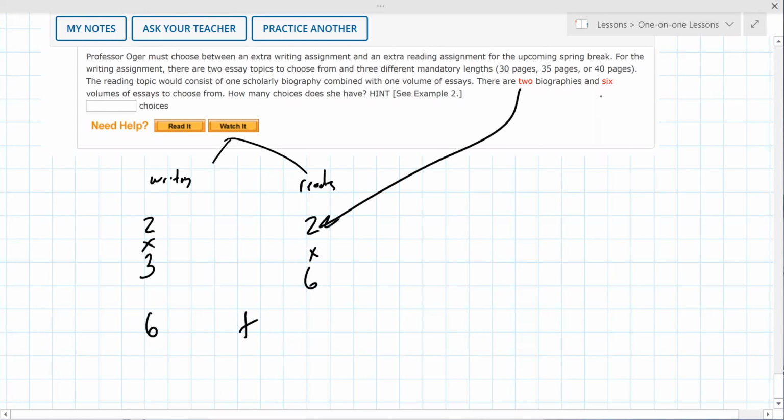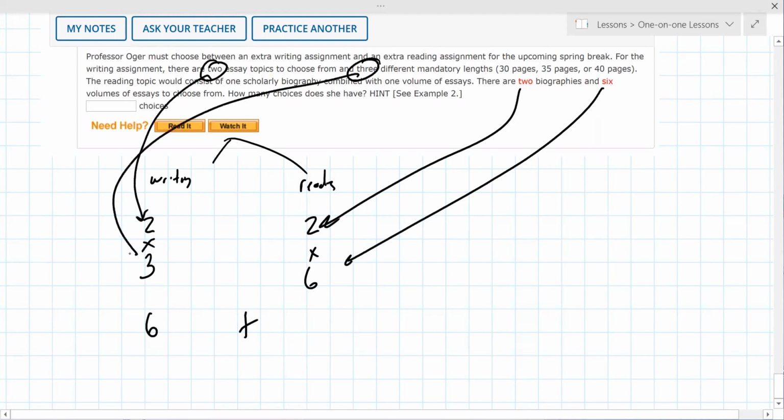So to me, that's 12. That's 18 possible choices. Okay, that does work.